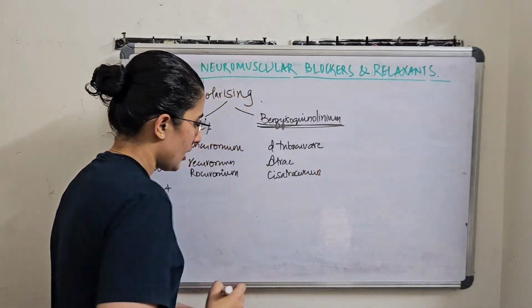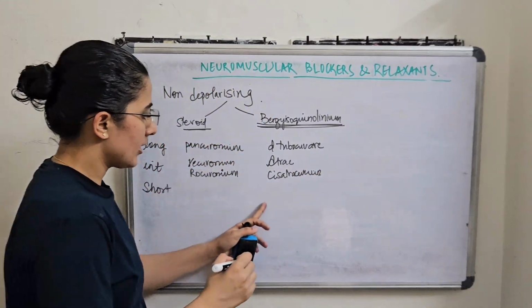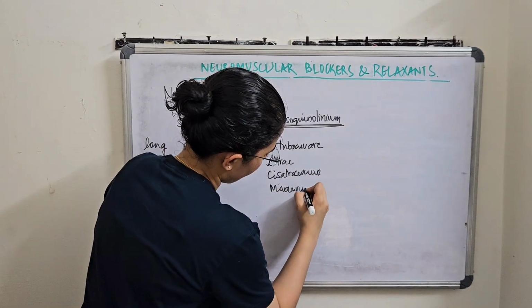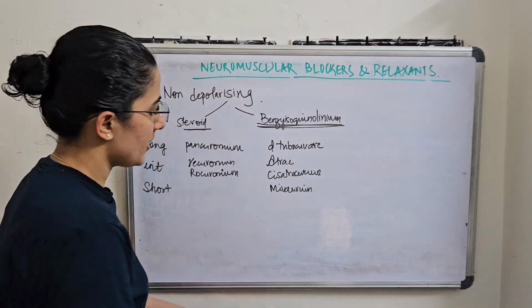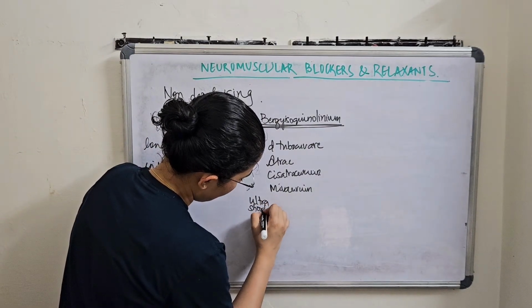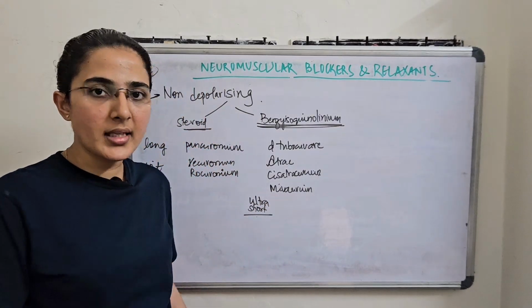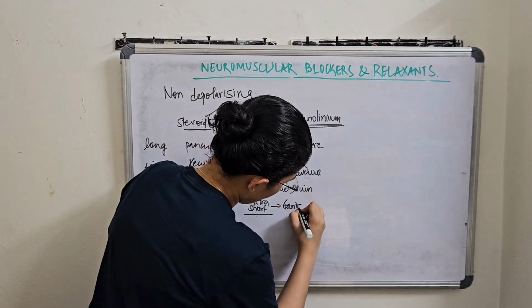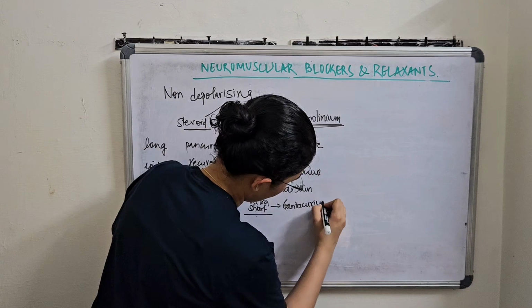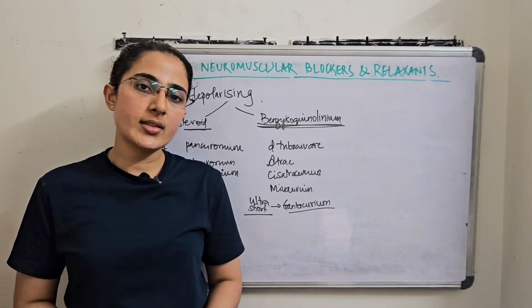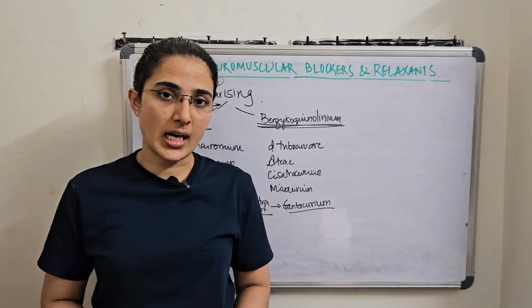The short-acting one is mivacurium. There's one special ultra-short-acting one, which is not available in India and not FDA approved in many countries, but we can just know the name, that is gantacurium. So let's see brief features of each of the non-depolarizing muscle relaxants.